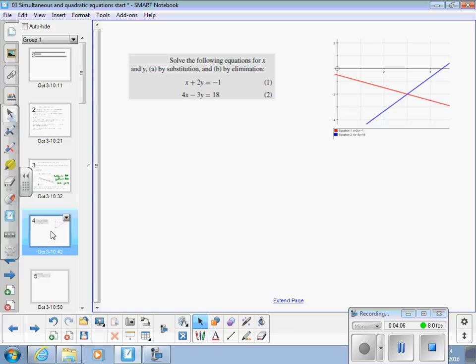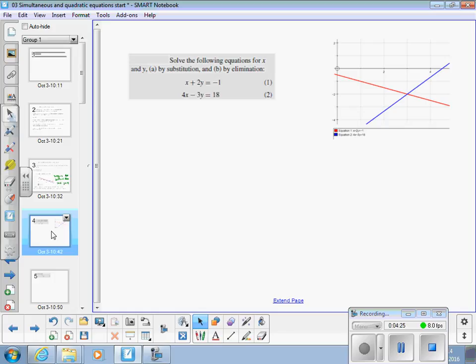So, I've got two equations there. It's usual to number the pairs of simultaneous equations, equation 1 and equation 2, so that you can refer to what you're doing with those equations.